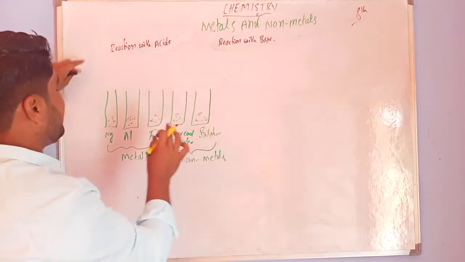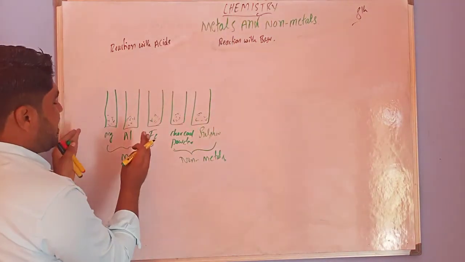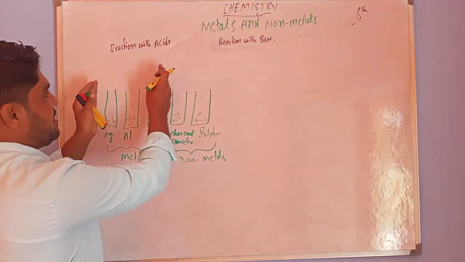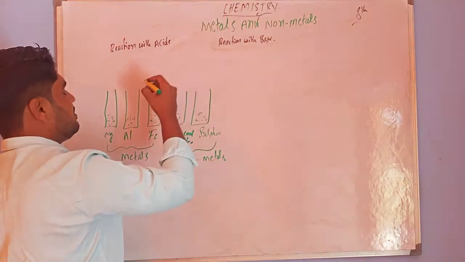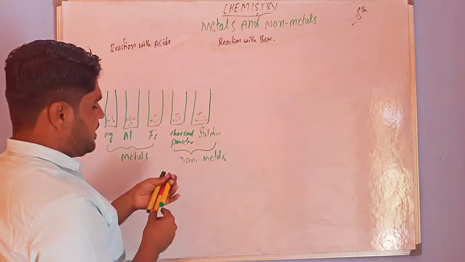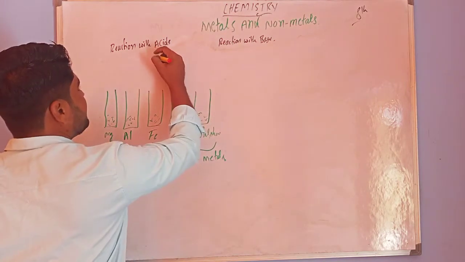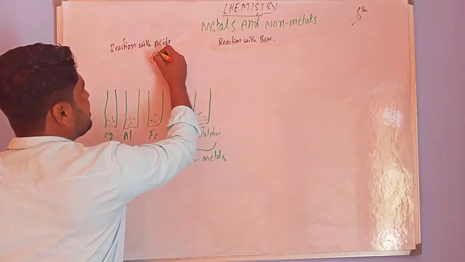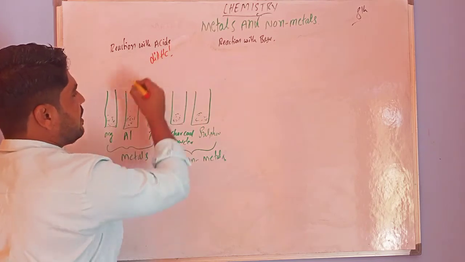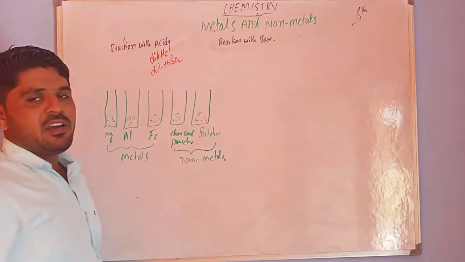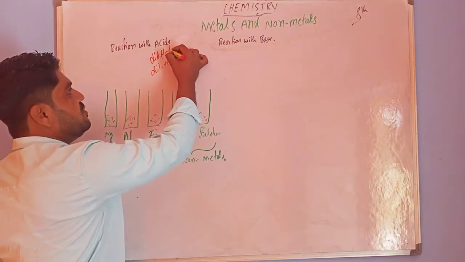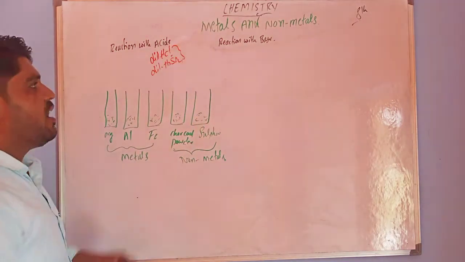So first I am taking metals. When metals react with an acid, what happens? For that we need an acid, that is dilute HCl, or dilute H2SO4. HCl and H2SO4 are the acids.